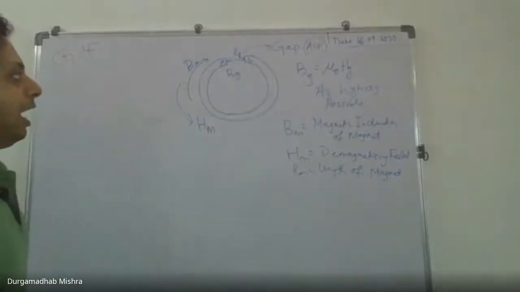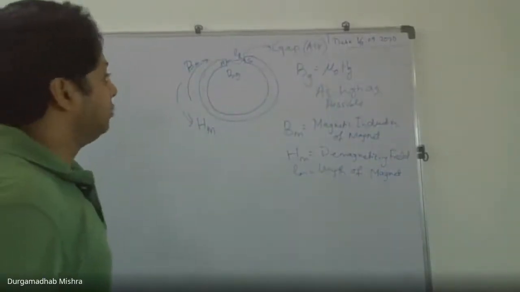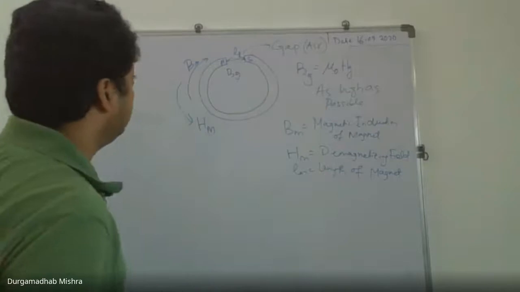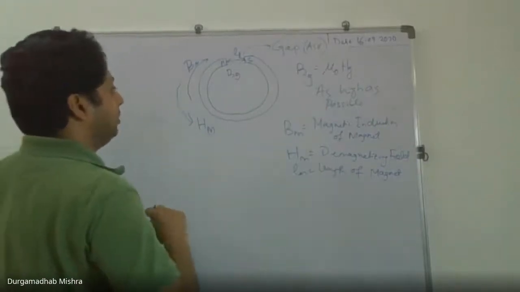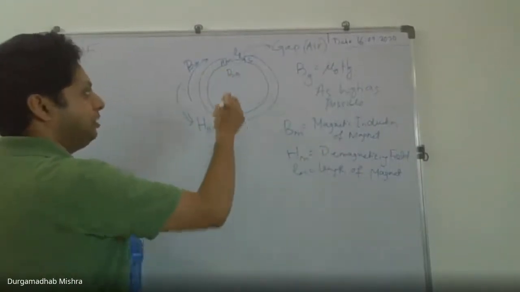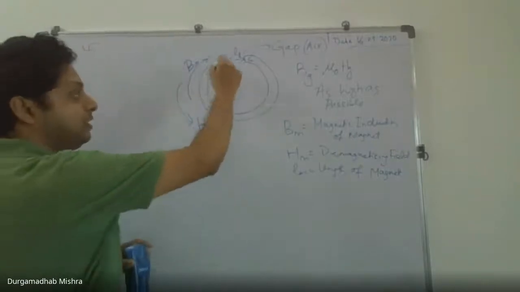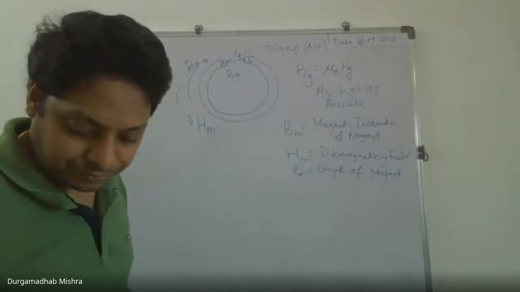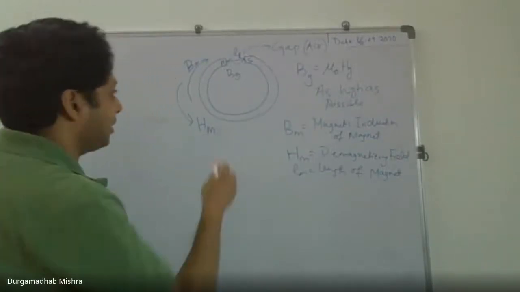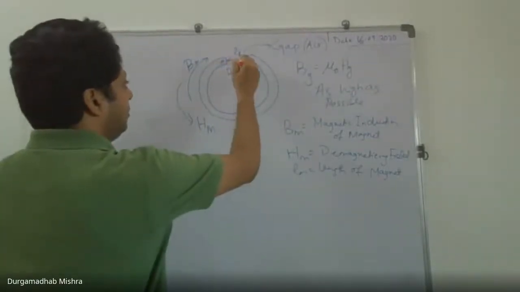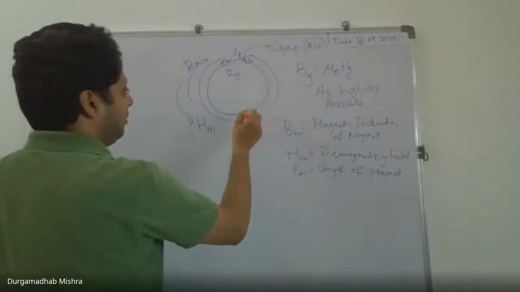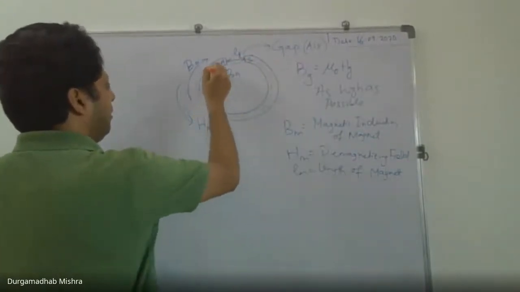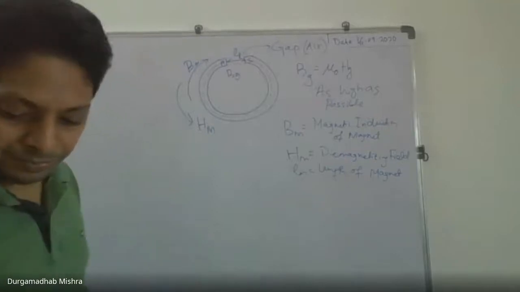Now we do a simple use of Maxwell's equations. If we use Ampere's law, let's assume that this is our magnetic circuit.